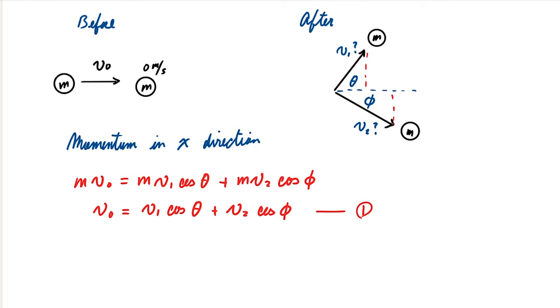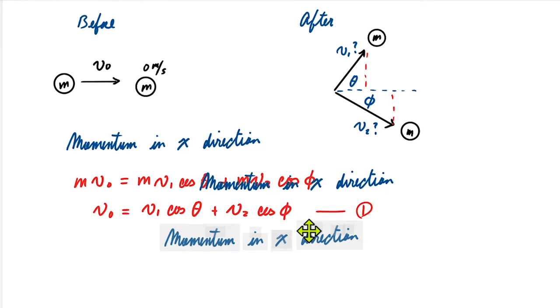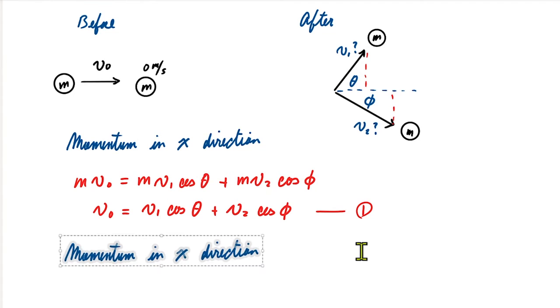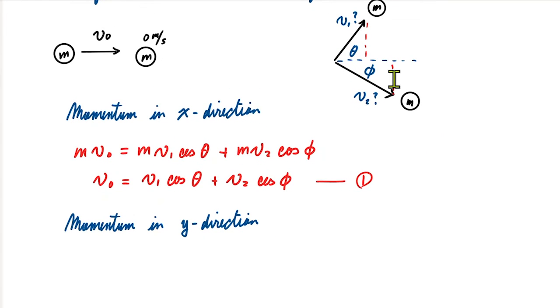Now we shall consider momentum in the y direction. Thank God for computers, right? You have to write it down. Change that to y direction. In the y direction, this is a sine component, this way and this way, right? So you have 0, because originally there is no movement in the y direction, so that momentum is 0.